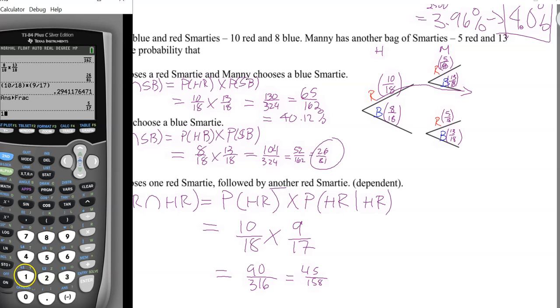What's 18 times 17? 306. Well, 9 goes into that, 153. Use your calculator. It's 29.41%.